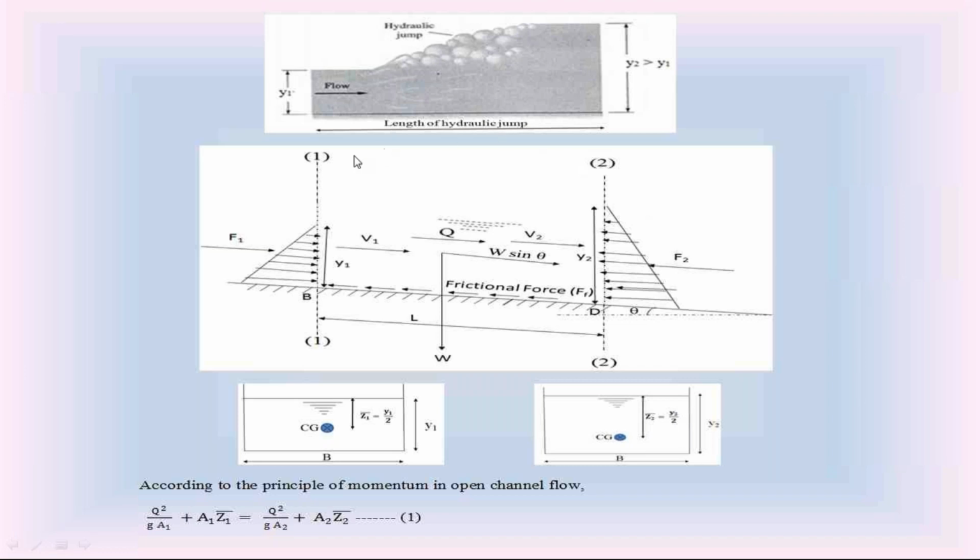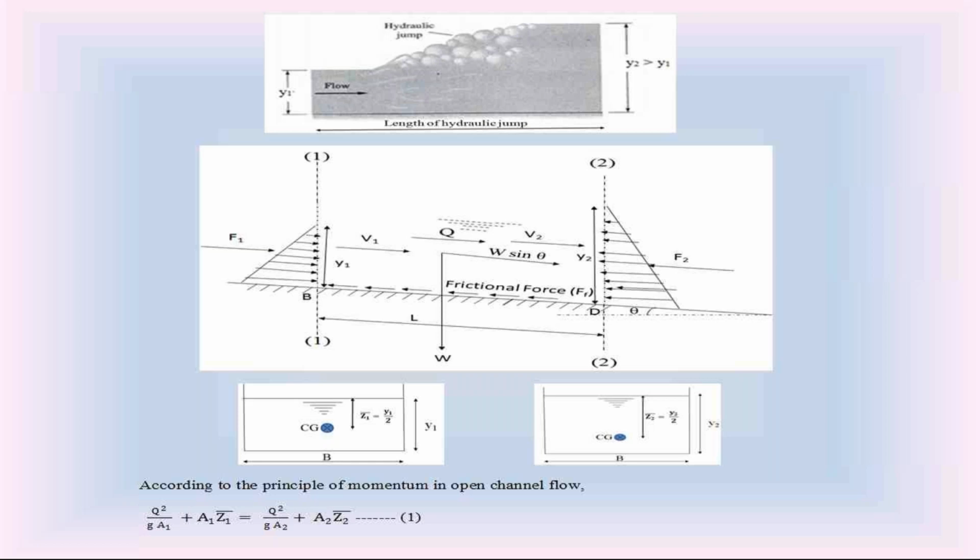We know that from Newton's second law, in this diagram, you will get the relation that the specific force at section 1 is equal to the specific force at section 2. Just now we discussed this in the hydraulic jump. From Newton's law, the specific force at section 1 is equal to the specific force at section 2.